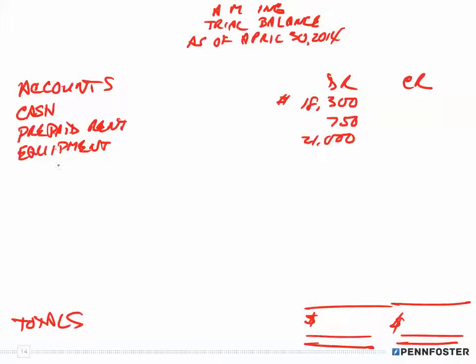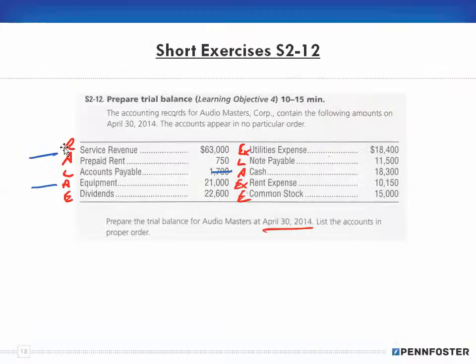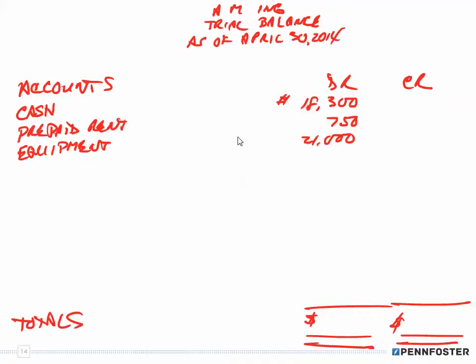After our assets, the next thing we look for is our liabilities. So we have accounts payable and notes payable. Accounts payable comes next, and then notes payable follows, and the normal balance of accounts payable is a credit.